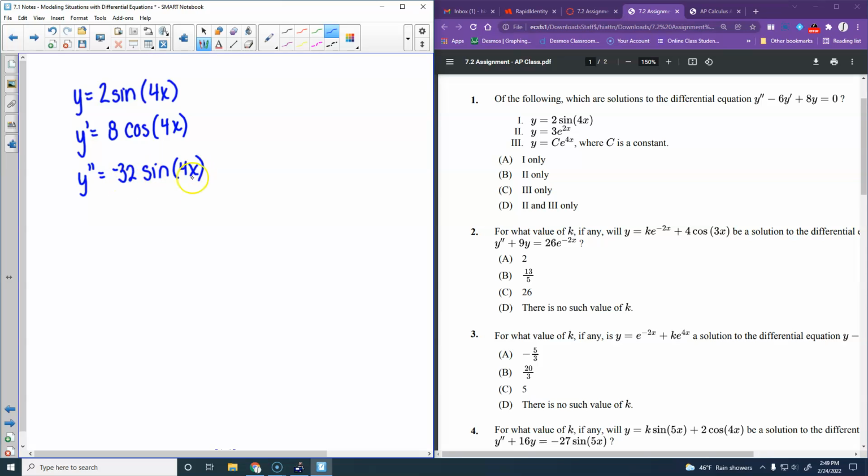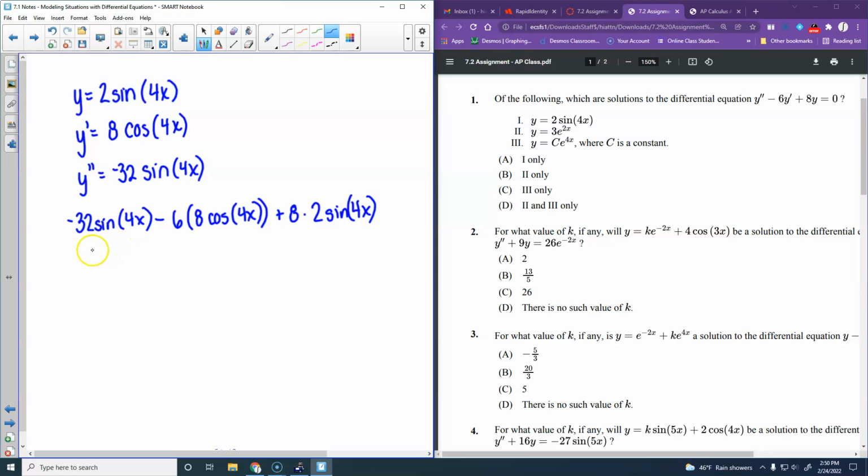So we're going to plug these in and see if it's true. Negative 32 sine of 4x minus 6 times 8 cosine of 4x plus 8 times 2 sine of 4x.